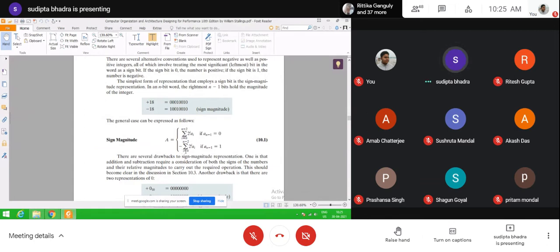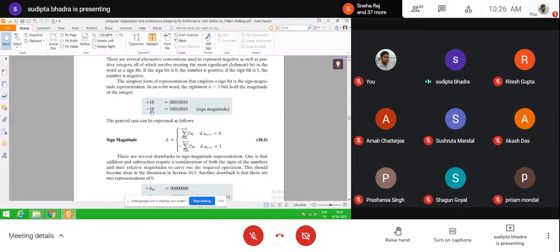Now here, please follow the highlighted part: i equal to 0 to n minus 2, 2 to the power i a_i. In case of a negative number, a_(n-1) is 1.